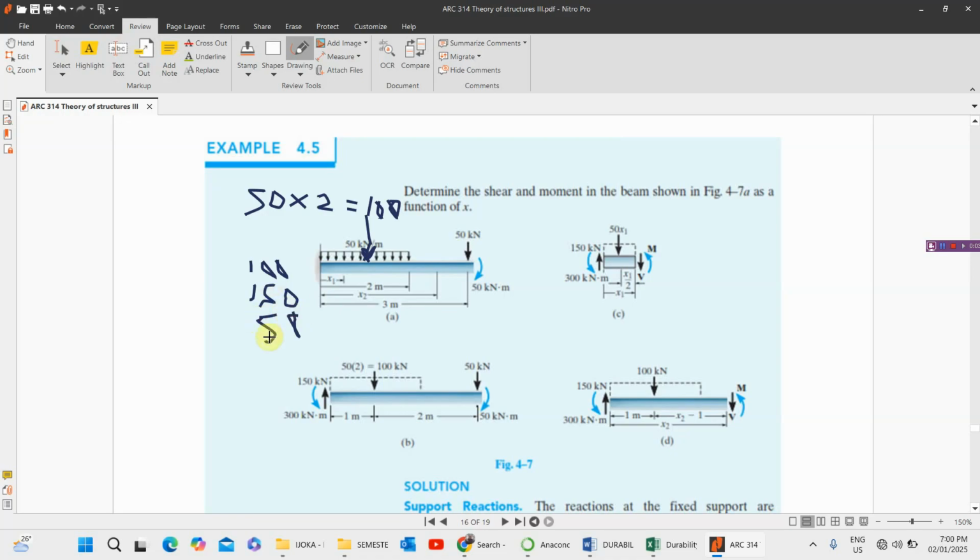So if I add 50 plus 150, that's 200, plus 100, that's 300. So the moment at this particular point is 300 kilonewton meter, the summation of these three.